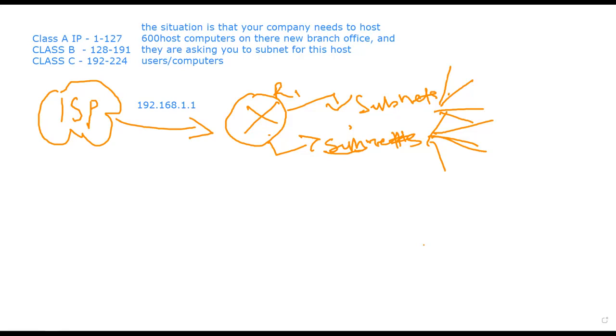So now let's assume you decide to choose an IP address, say 148.150.10.2.